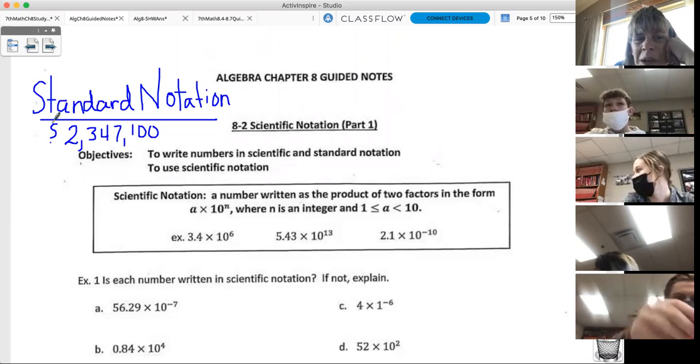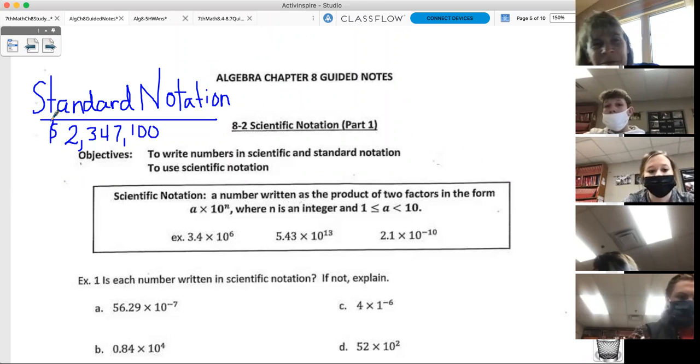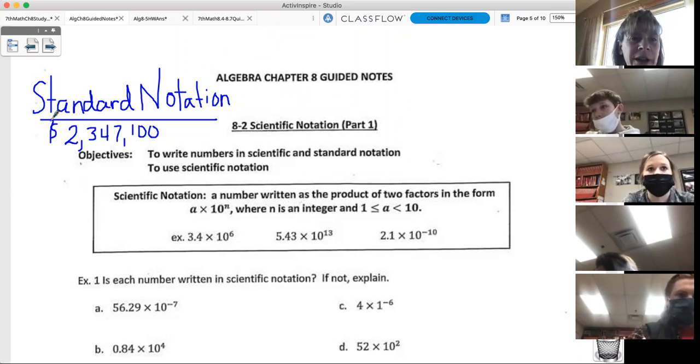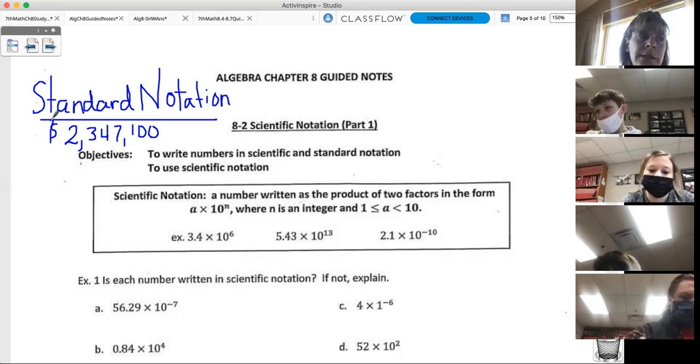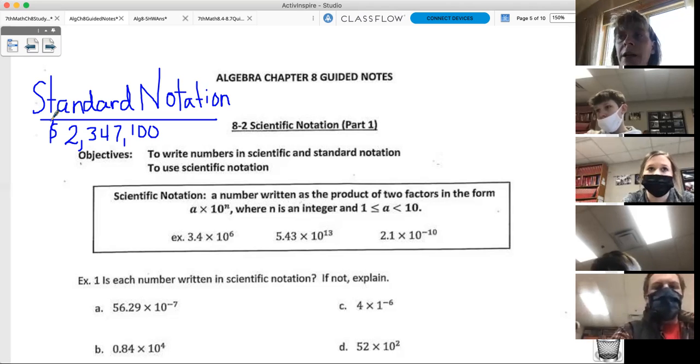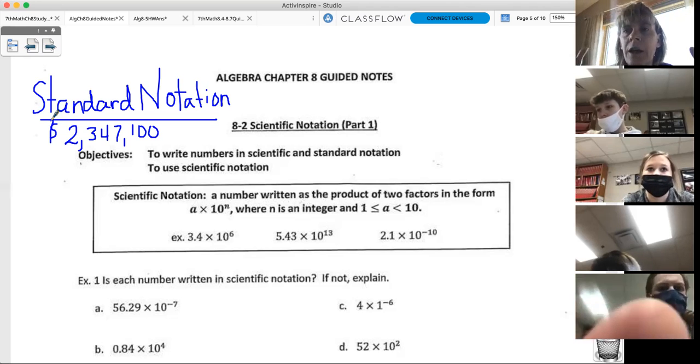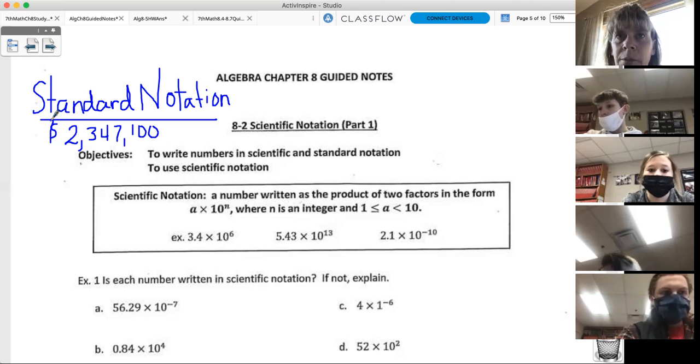What if that was money in my bank account? That would be good, wouldn't it? Now that's standard notation. Scientific notation says, wait, that's a kind of a big number, and I want to make a shorter way to write that really large number. If you think about it, in science they have to deal with a lot of very large numbers and a lot of very small numbers. A very large number might be the number of miles from the Earth to Jupiter.